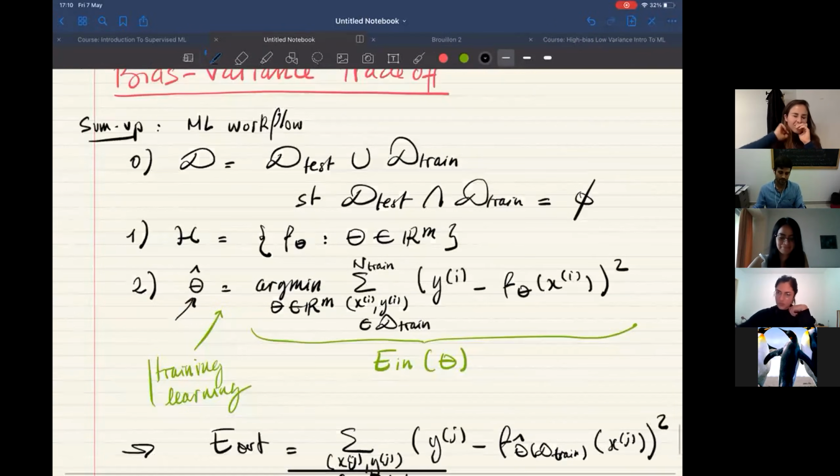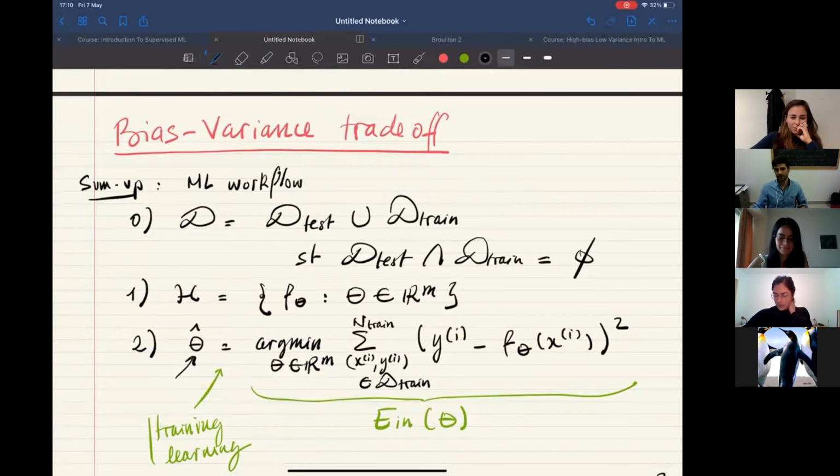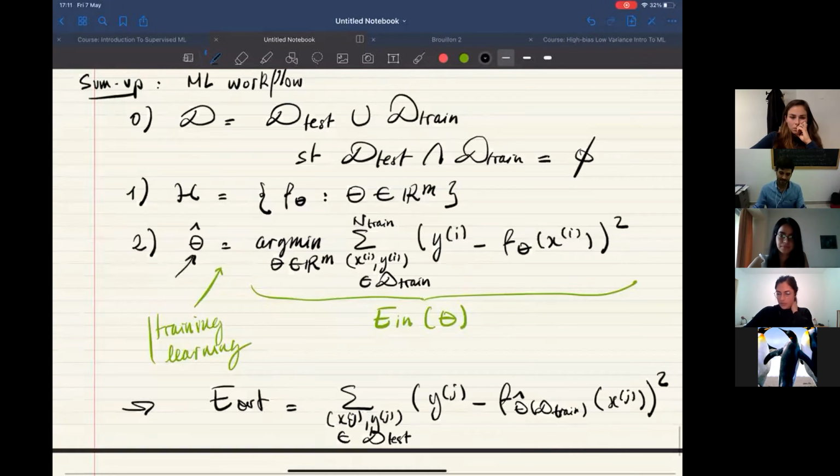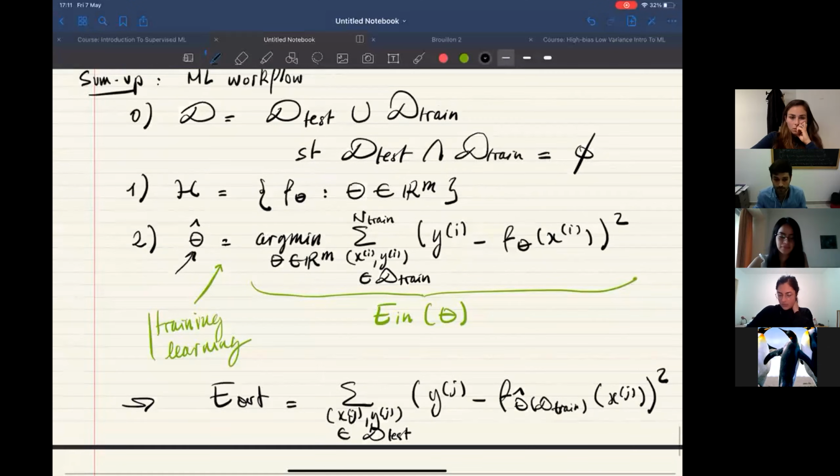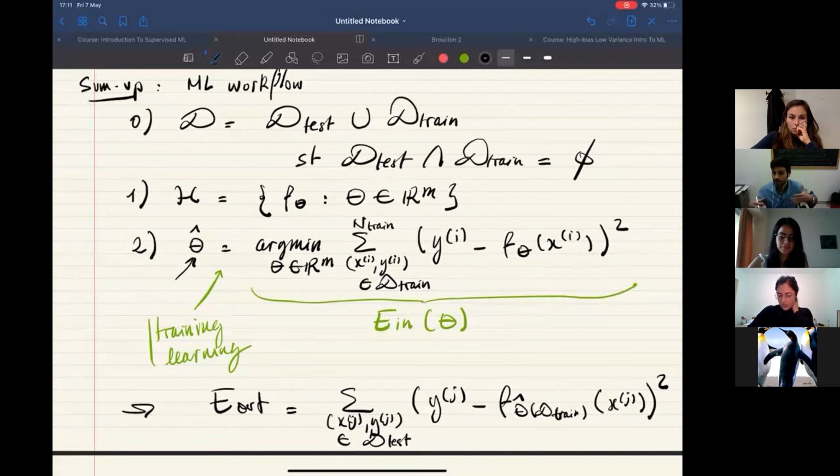So what we want to do is to understand this notion of bias variance trade-off, which concretely means what? We will see that even if all this machine learning workflow is a priori a very complex procedure, in the sense that there are a lot of sources of randomness, the training data, the test data. Here I'm considering a generic function in my hypothesis class.